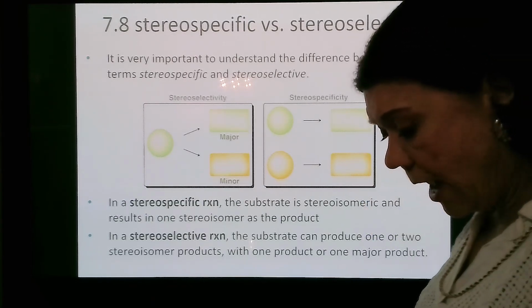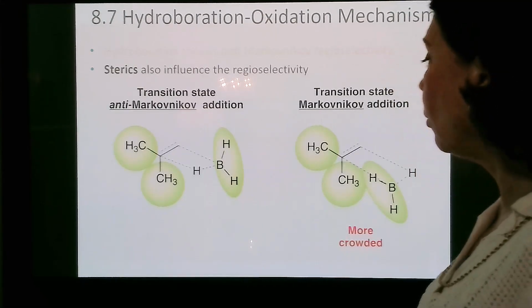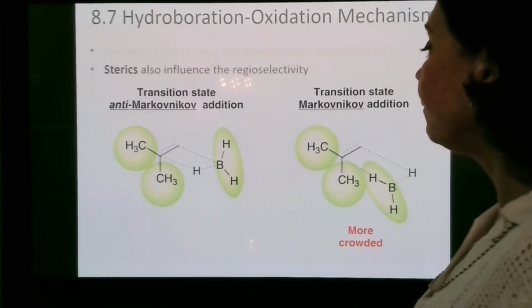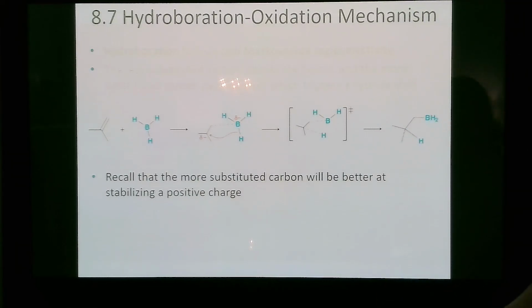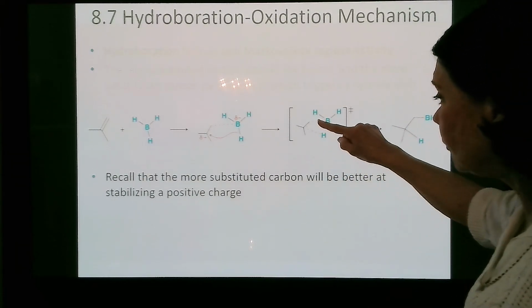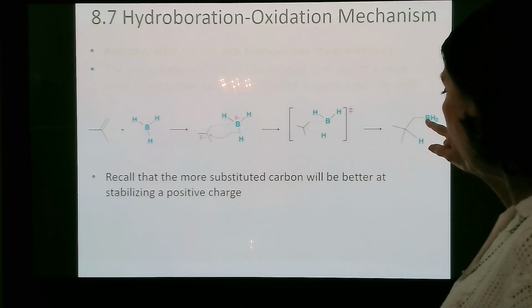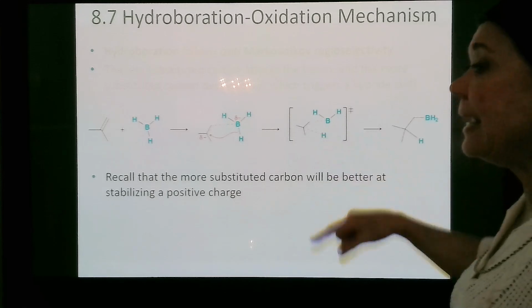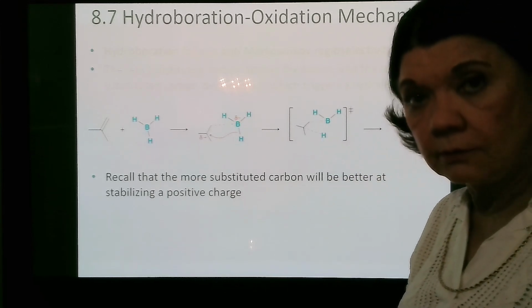Now, let's go back to hydroboration. So, here, notice I said that because of this, you will get syn addition, and you will get only the one product. It is not possible to get anti-addition. Okay?